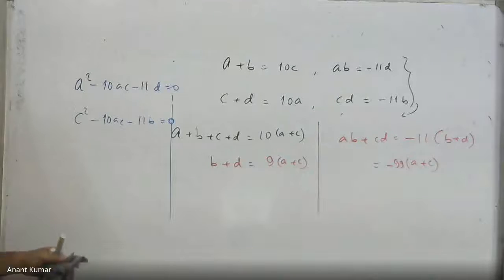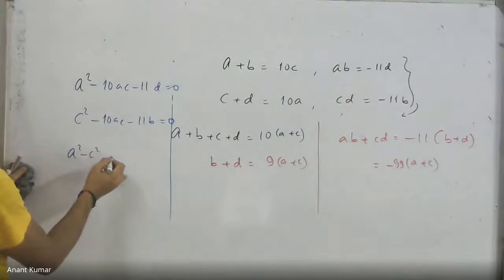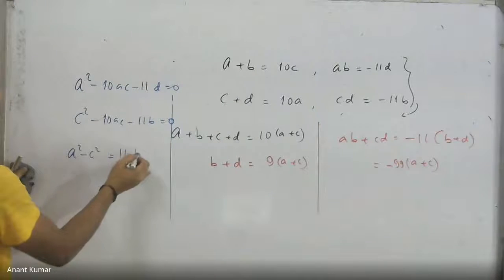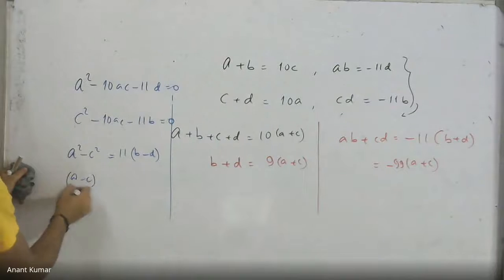If I subtract them, we end up getting A square minus C square equal to 11 times B minus D. That is to say, A minus C into A plus C.